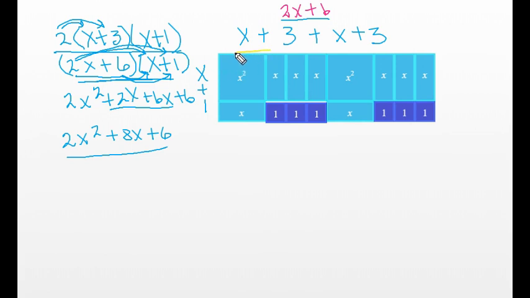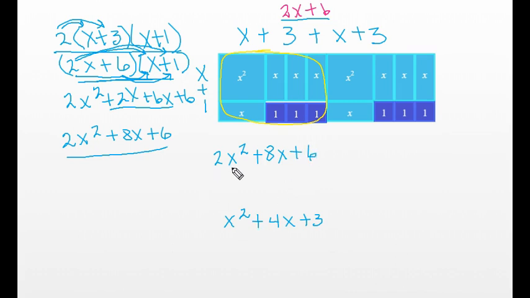Notice that if we look at the standard form for this original rectangle, we have x squared plus 4x plus 3. And if we look at the entire new rectangle in standard form, we came up with this trinomial, the 2x squared plus 8x plus 6.